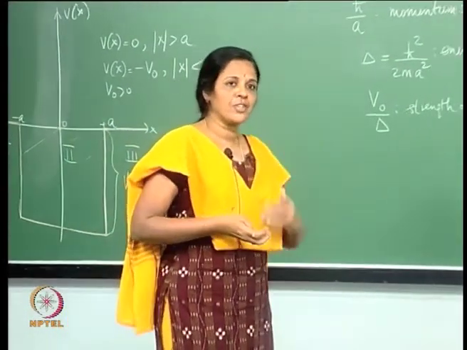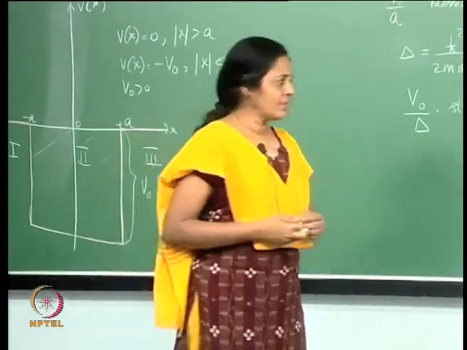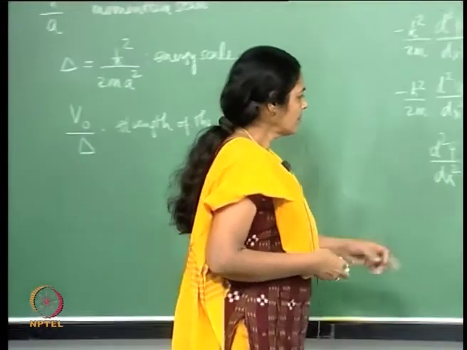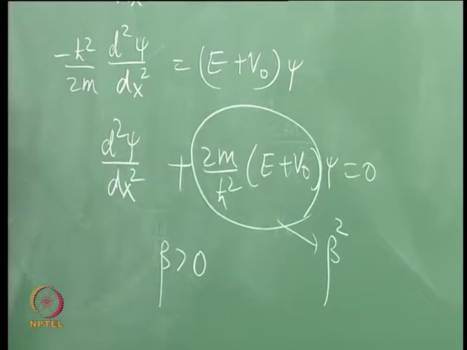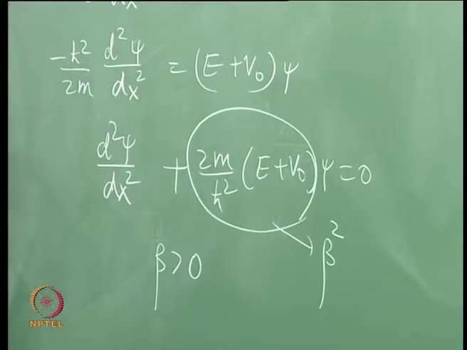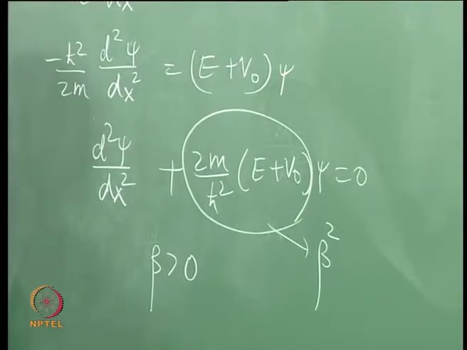Therefore, the depth of the potential V naught can be written in units of delta, and lengths are scaled in units of 2m E by h cross squared or 2m (E plus V naught) by h cross squared, in terms of alpha and beta.